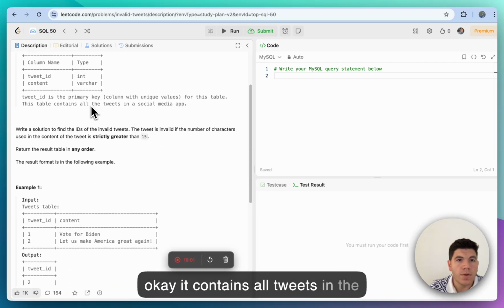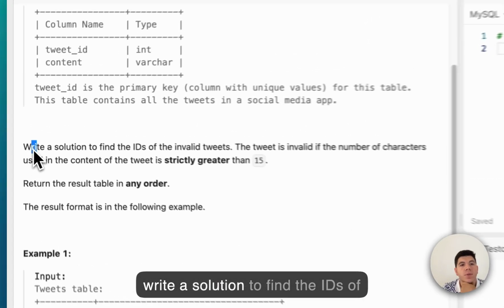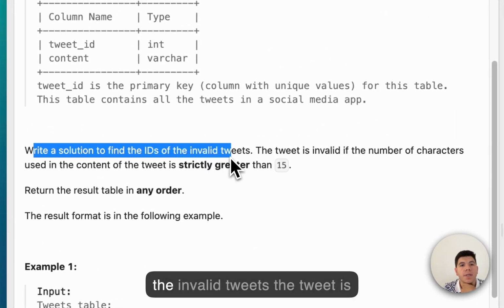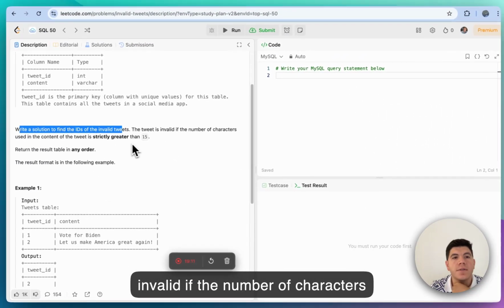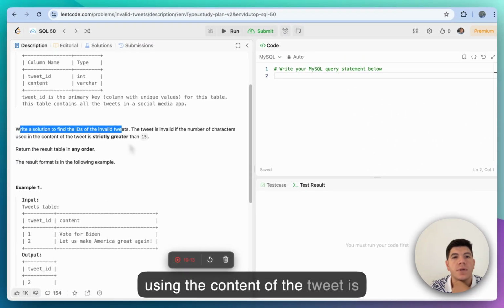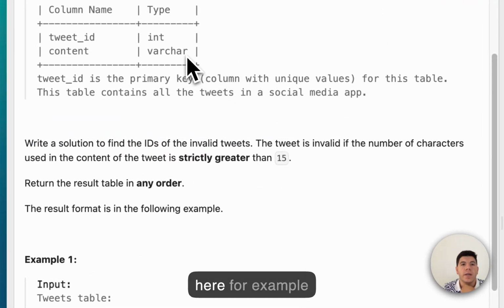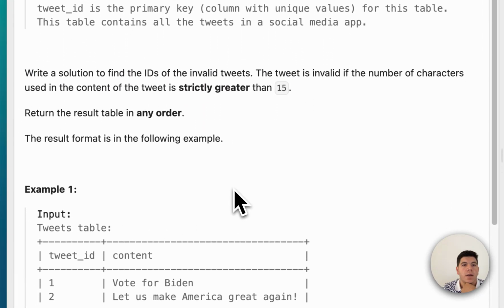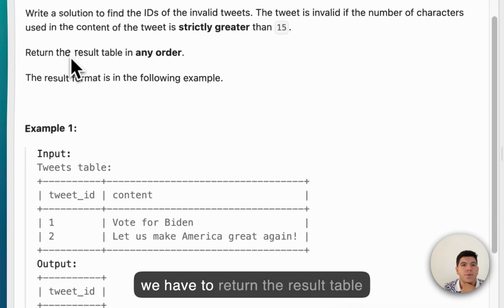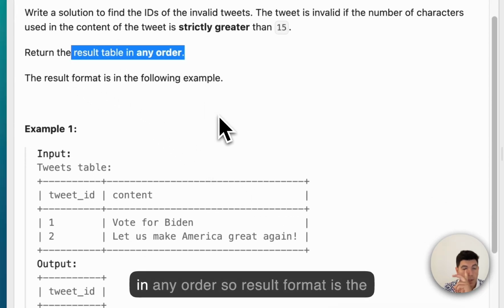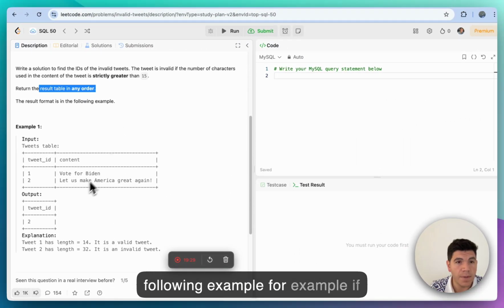It contains all the tweets in a social media app. So we have to write a solution to find the IDs of the invalid tweets. The tweet is invalid if the number of characters used in the content of the tweet is strictly greater than 15. We have to return the result table in any order. So the result format is the following example.